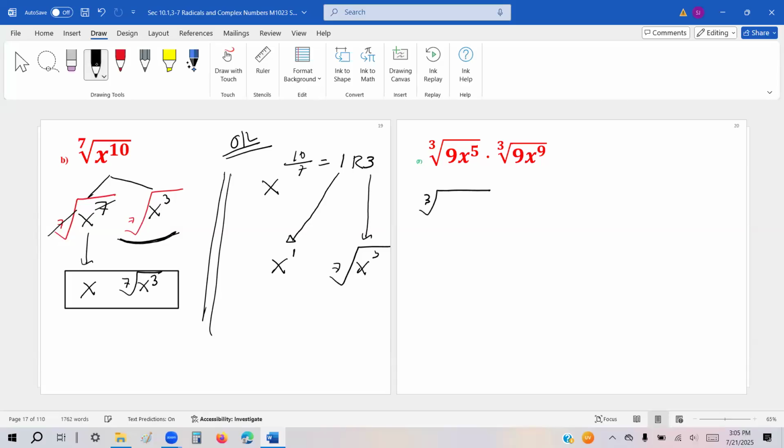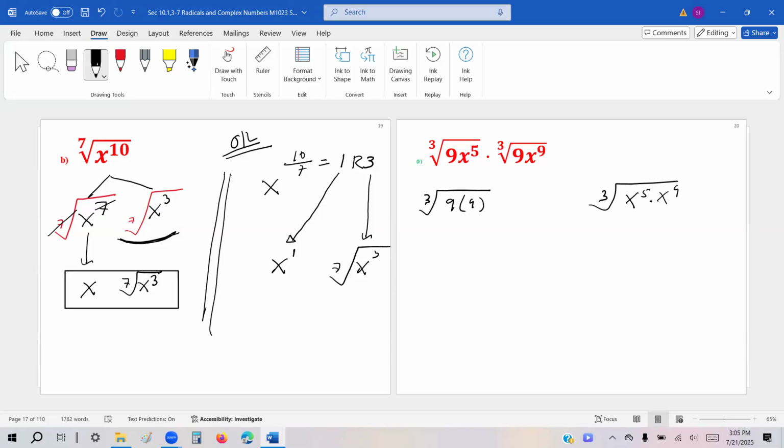Cube root of 9 times 9 and cube root of x to the 5 times x to the 9. We have numbers and variables, so put numbers inside one radical, variables inside another radical.